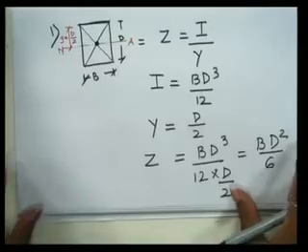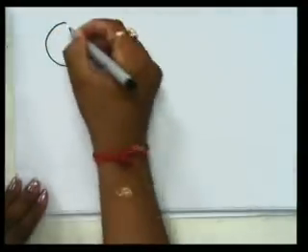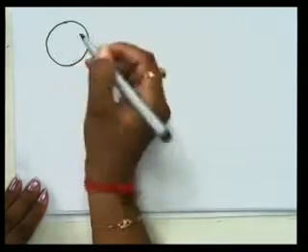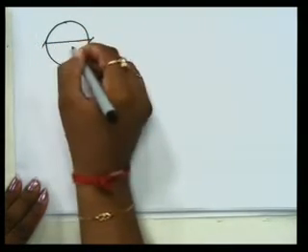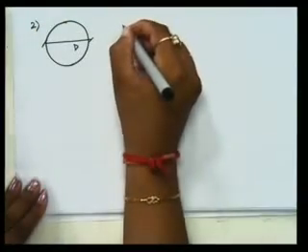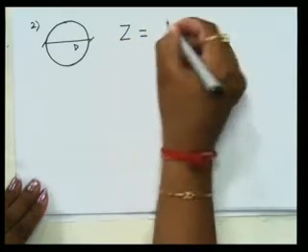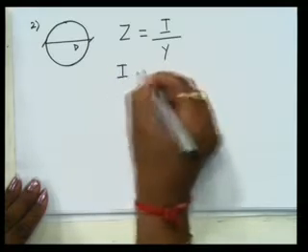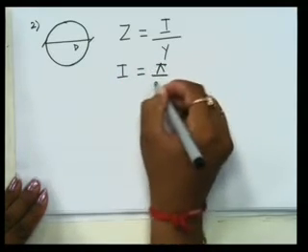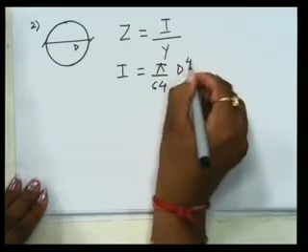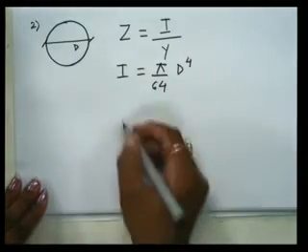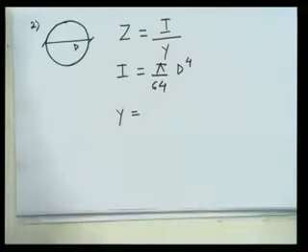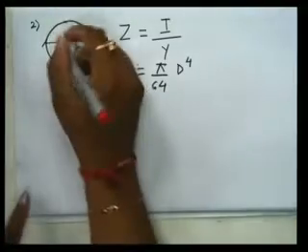Okay, now second we will take a circular section having diameter d. So what is the section modulus formula? Z is equal to I upon Y. So I is equal to pi by 64 into d to the power 4, that is the moment of inertia for a circular section. For Y, we have to locate the CG, which will lie at the center.